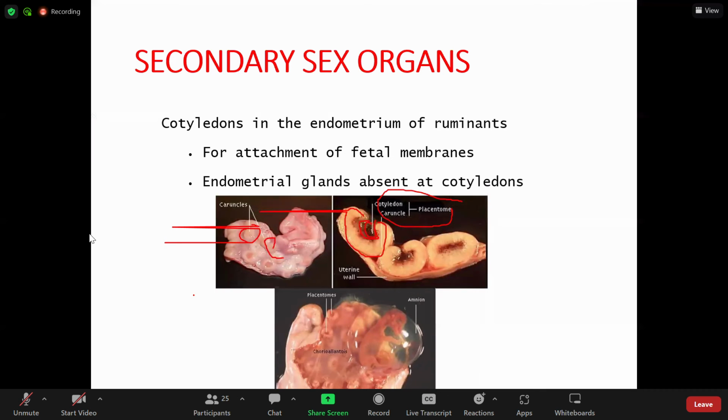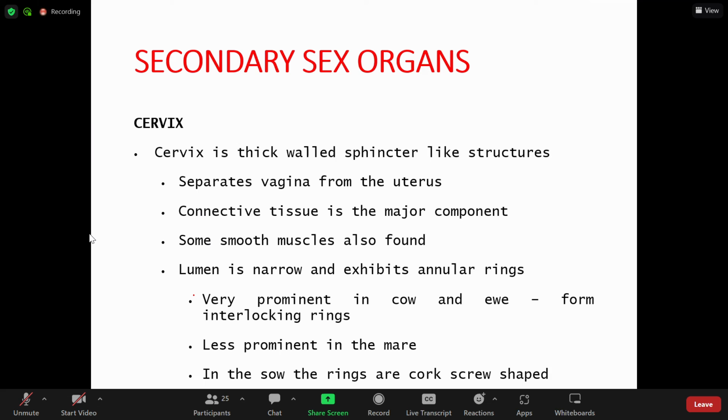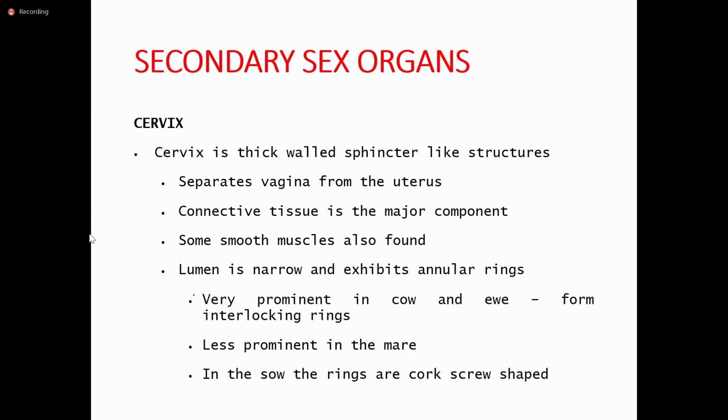Yeah. And the cervix is the muscular part. It is the hardest part of the female reproductive tract. And there are some modifications of the inner linings of the cervix, and it depends on the different species of animals.